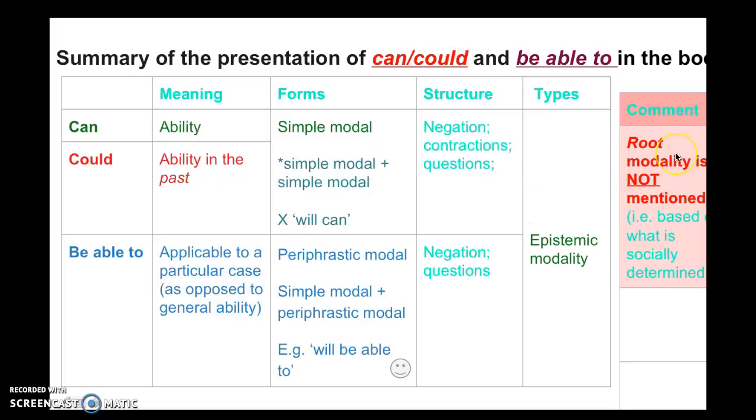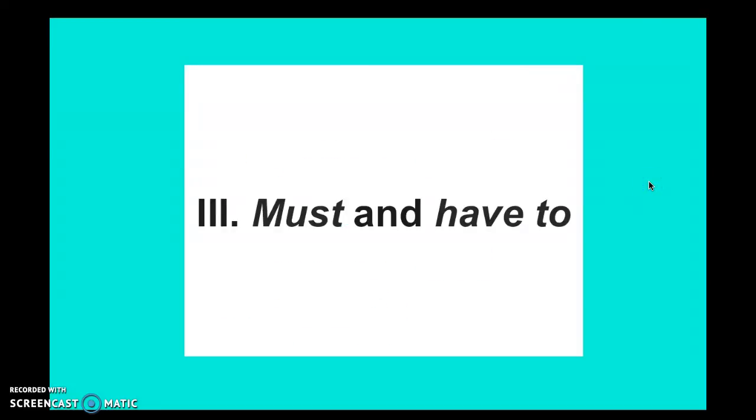But the point is, we couldn't find anything about modality in the workbook, that is, in what situations we usually use modality to express something. It's never mentioned in the workbook. Other than can, could, and be able to, the third item in the workbook is must and have to.